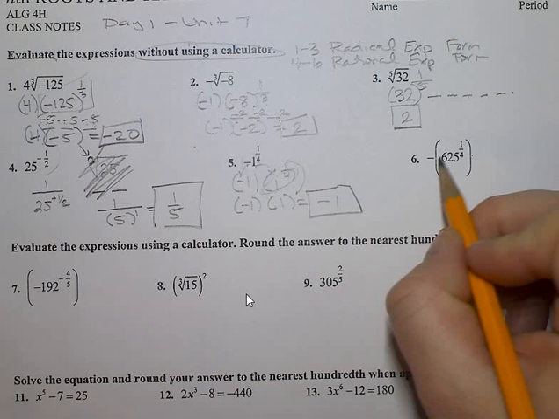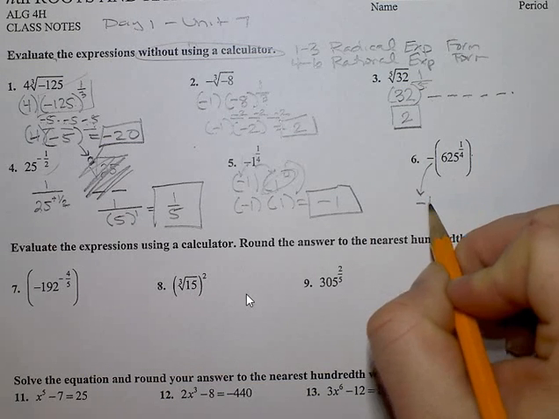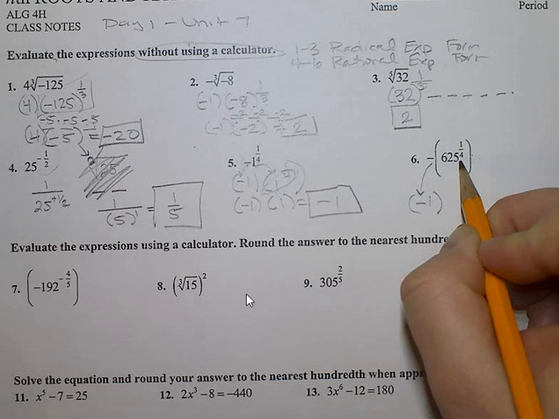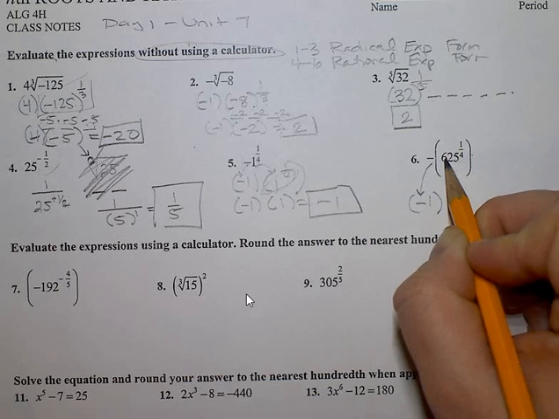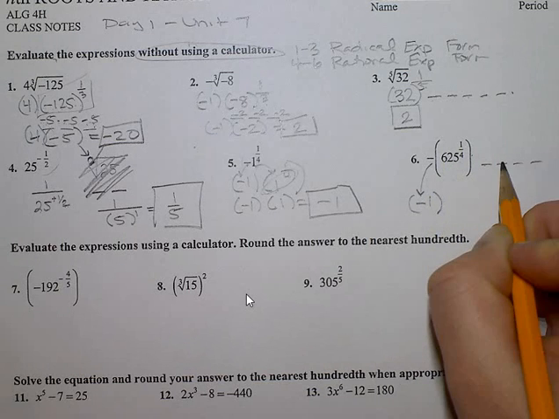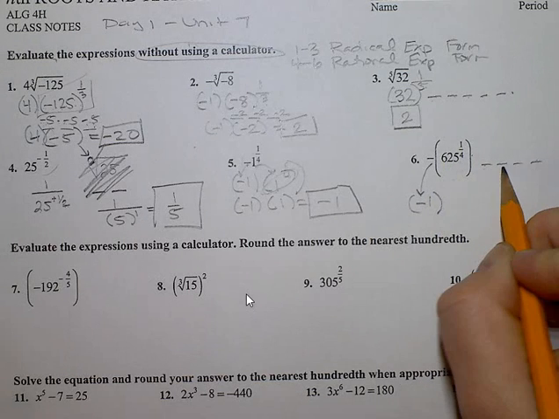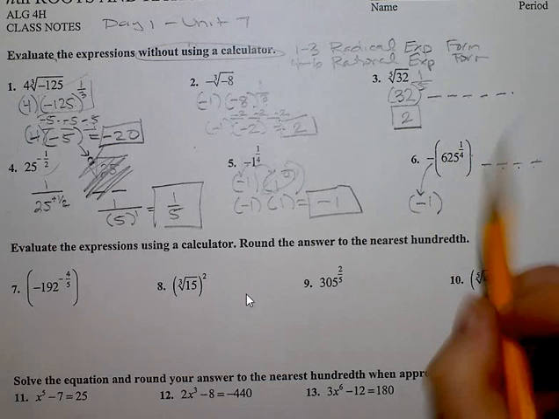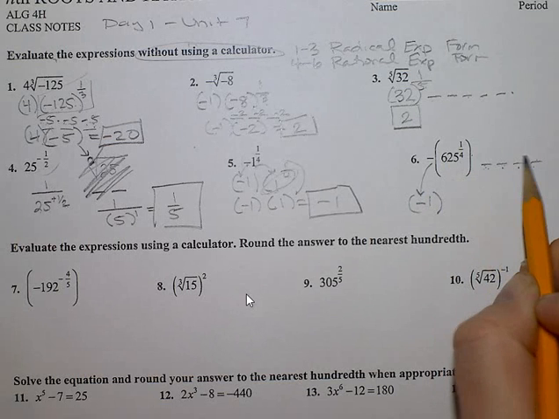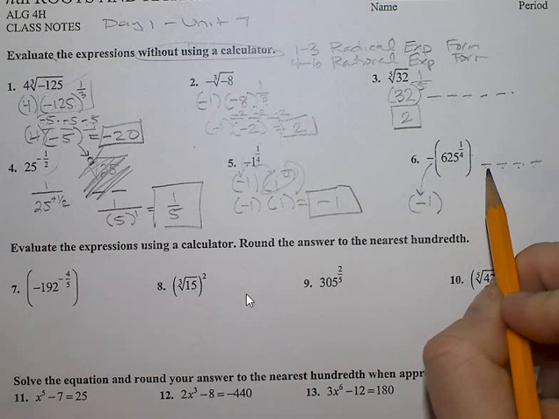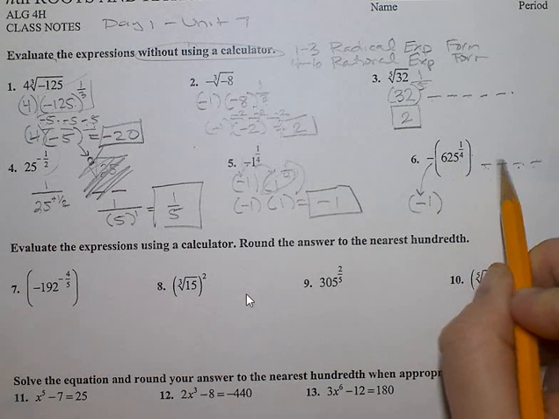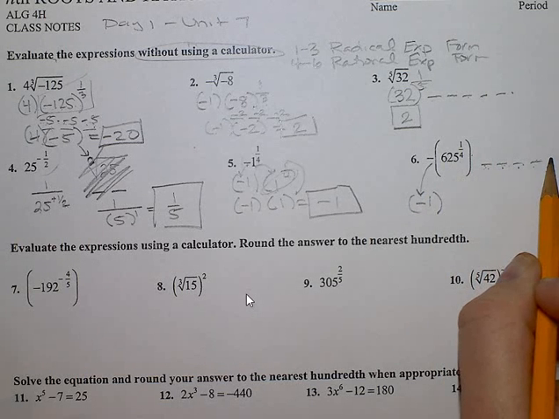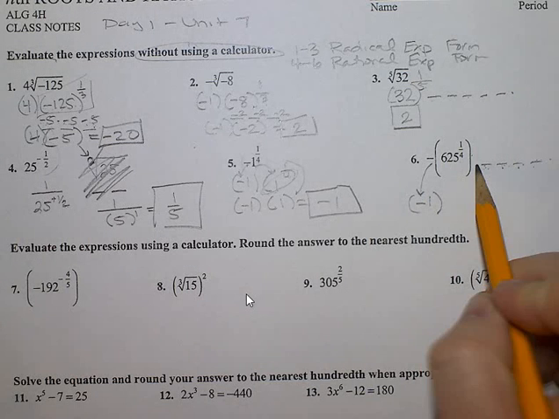Number 6. Again, this is a hidden -1 out front. What times itself 4 times gives you the number 625? 1 times 1 times 1 times 1, no. 2 times 2 is 4. 4 times 2 is 8. 8 times 2 is 16, no. So 3 is 9, 27, 81. 4s, help me out here without using a calculator. 4 and 4 is 16, 64, 256. 5s, 5 and 5 is 25, 125.